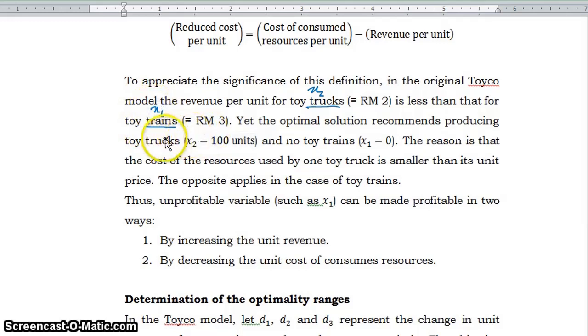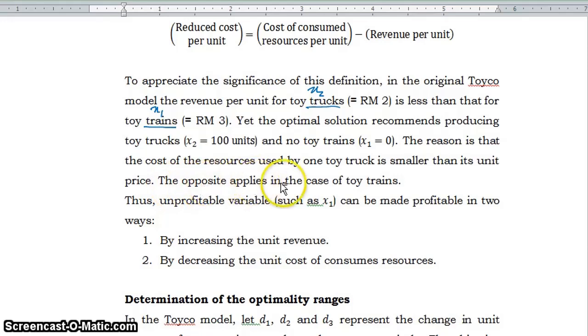The revenue for a unit of toy train is 3 ringgit. Yet, the optimal solution recommends producing 100 units of toy trucks and no toy trains. The reason is that the cost of the resources used by one toy truck is smaller than its unit price.